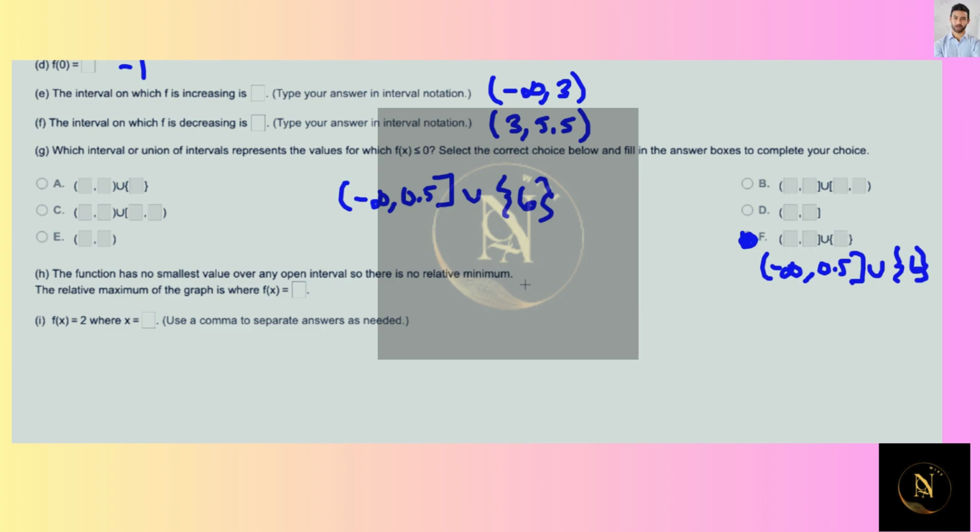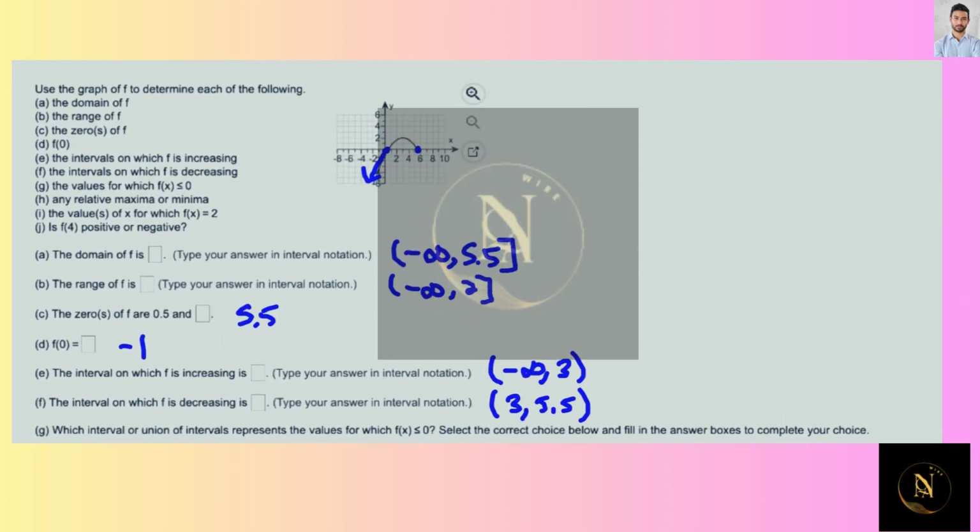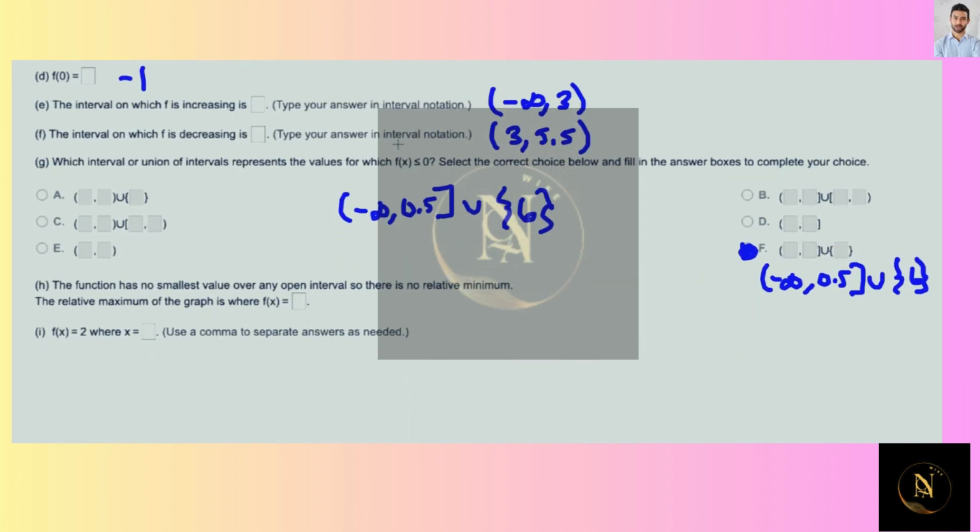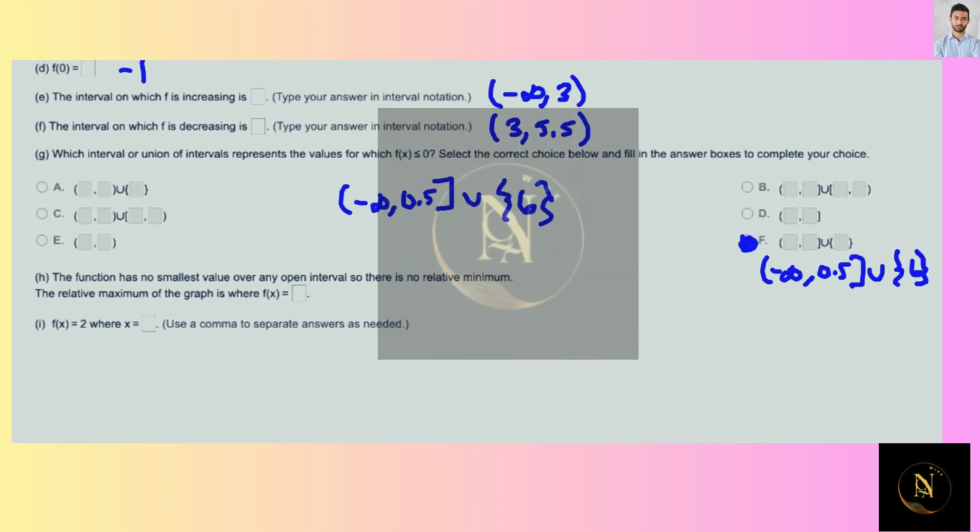The function has no smallest value over any open interval, so there is no relative minimum. The relative maximum is where f of x at 3 is equal to 2. So we would say f of x equals 2, where x equals 3.